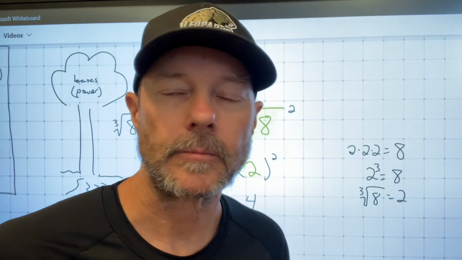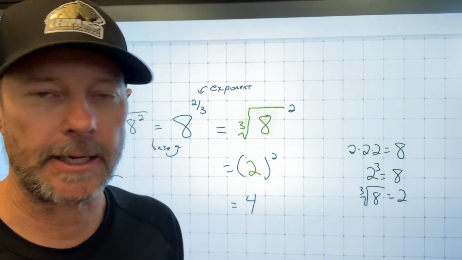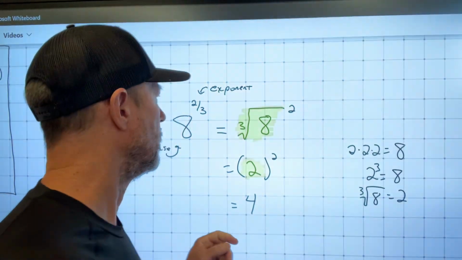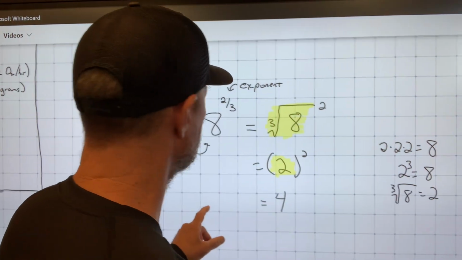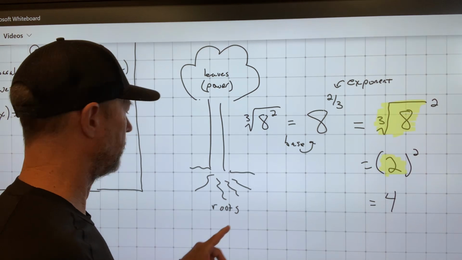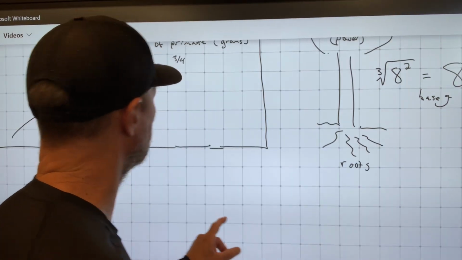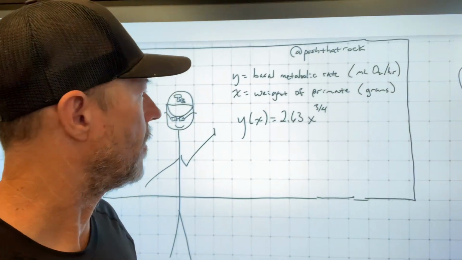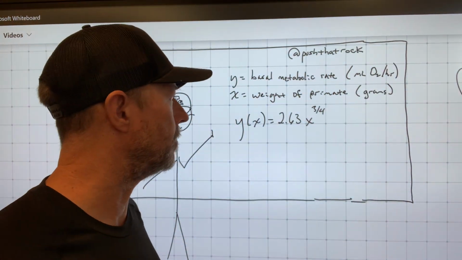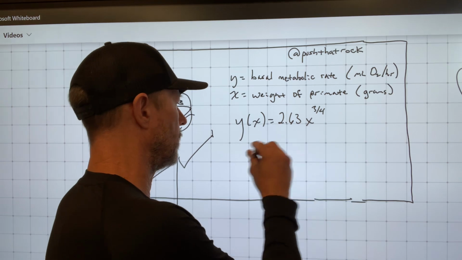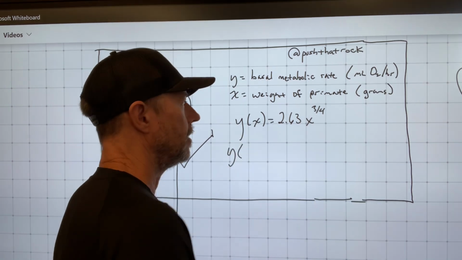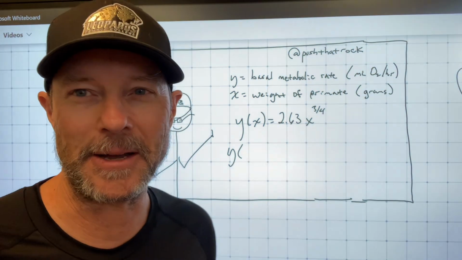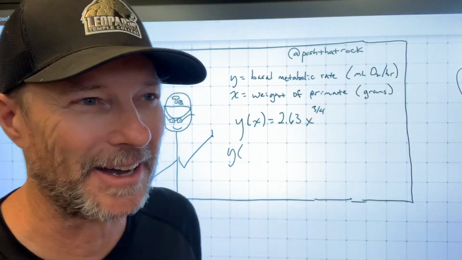Okay? So let's take our example from biology. Let's just put it over here on my drawing of a chalkboard, okay? If we have some primate weight, we can put it into the function. I don't know what primates weigh, but I'm gonna pick a convenient value.